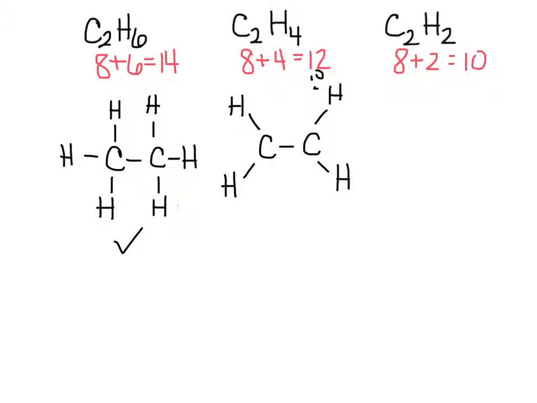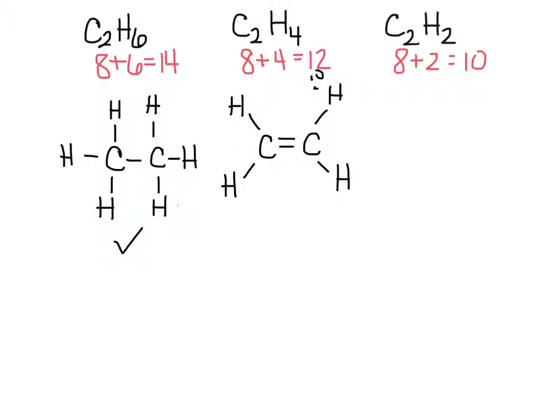Well, if I put the 2 on this carbon, the other carbon's going to be short. And if I put the 2 on this carbon, then again, the carbon on the right is going to be short. So the best way to solve this would be to let them share that pair of electrons. There we go. And now we've basically used all of our electrons. Our carbons have 8 and our hydrogens have 2, so we're happy.